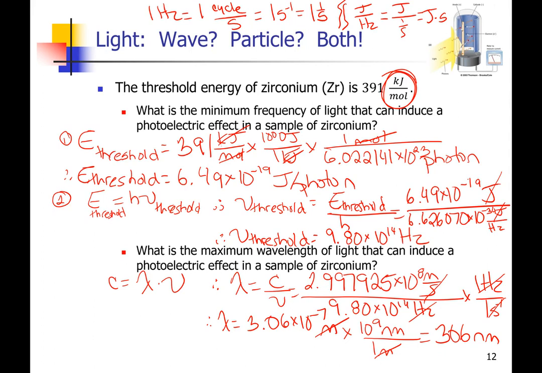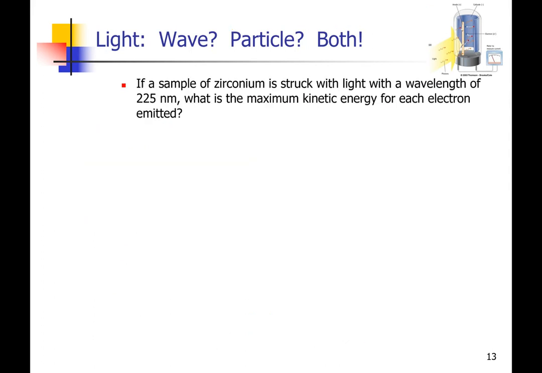And so our last question relating to the photoelectric effect, our last calculation here, we are to take the sample of zirconium we were talking about on the previous page, which had a threshold energy of 6.49 times 10 to the minus 19 joules, and calculate the maximum kinetic energy those electrons could be kicked out with.